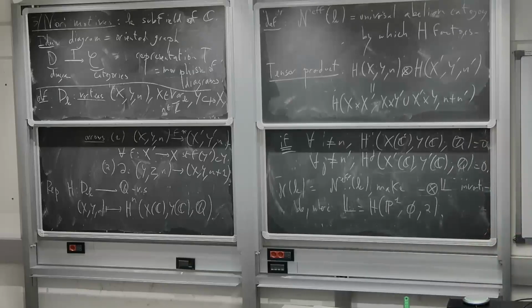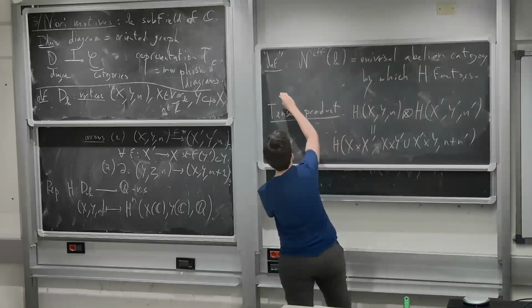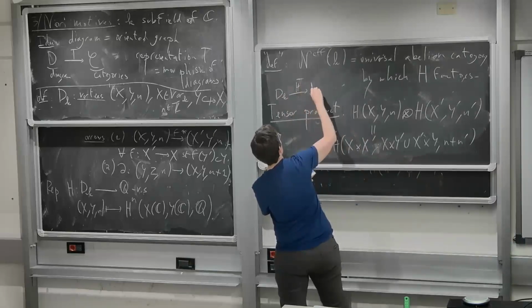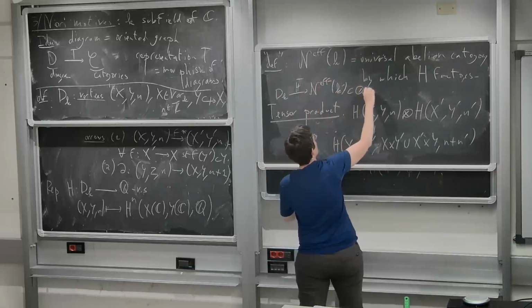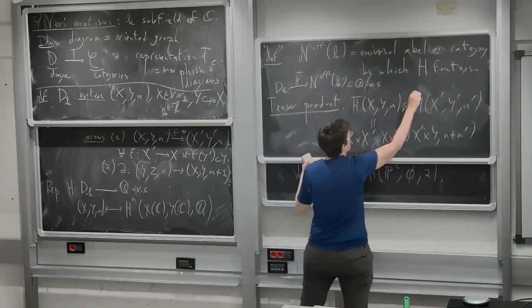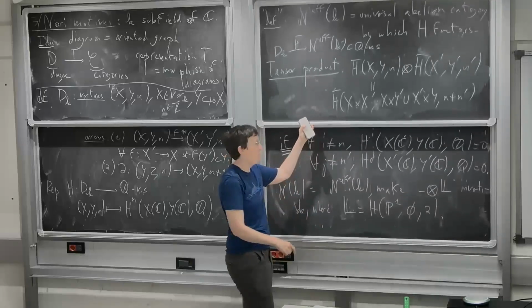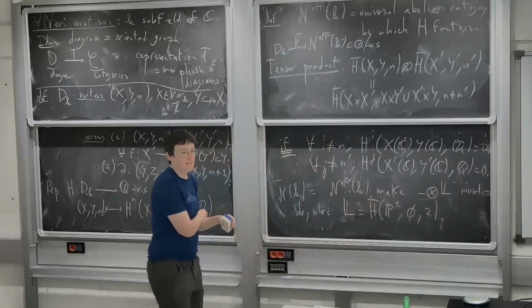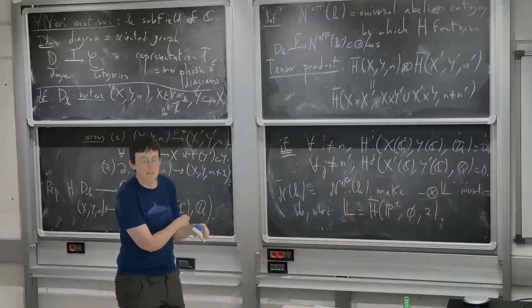Yeah, so here I've been a little bit careless because normally it's not H. I should give another name to the functor into the effective Nori motives. I noticed that here P1 is kind of unpointed, P1 with the empty set.